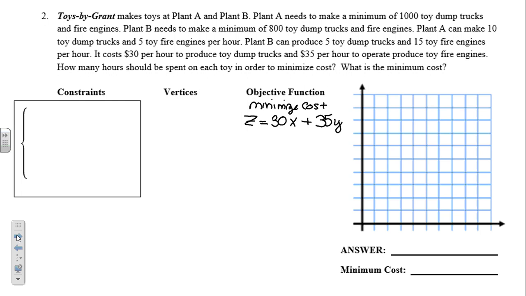What is X? The time. X is the number of hours we're producing dump trucks, and Y is the number of hours in fire engine production.